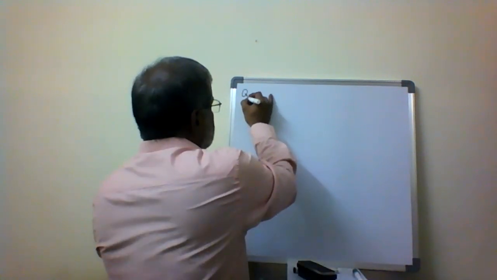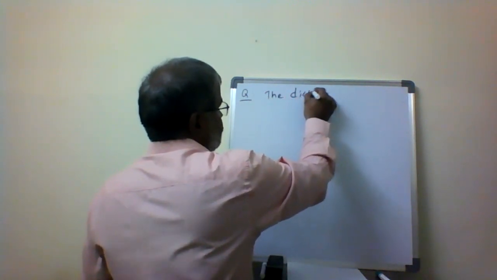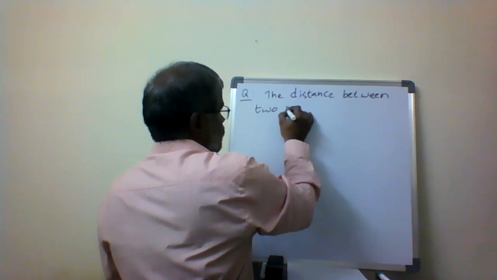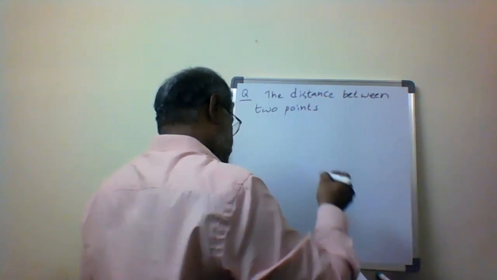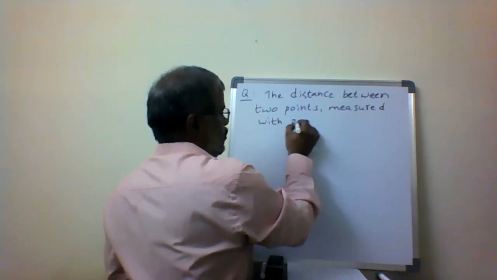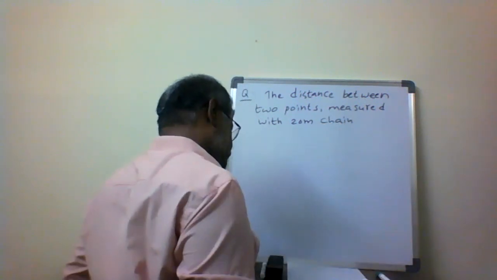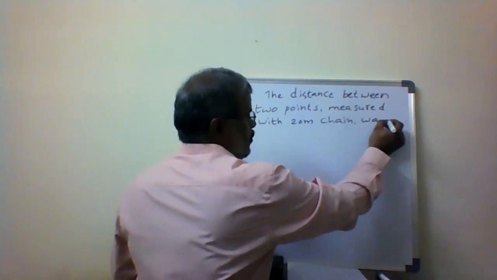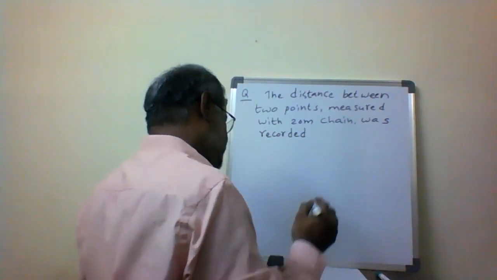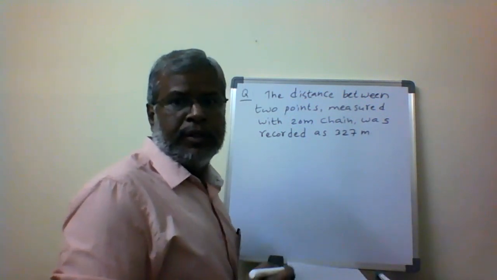So now the first problem is the distance between 2 points measured with a 20 meter chain was recorded as 327 meters.